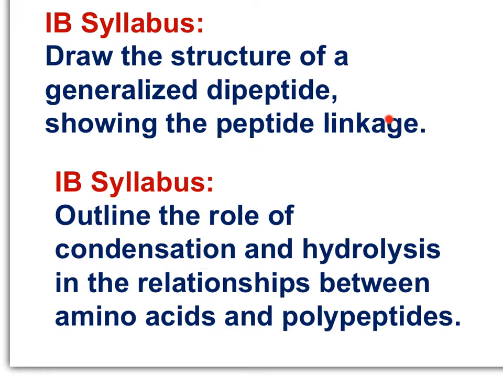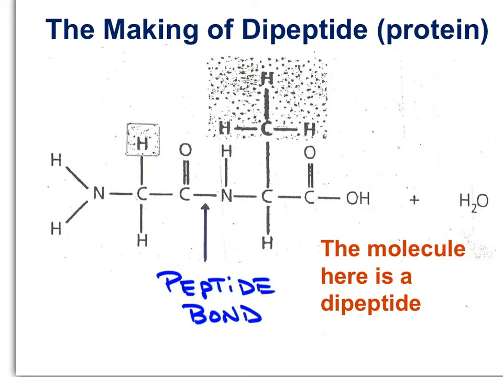The breakdown of a peptide bond will be a hydrolysis reaction. In this diagram, notice how two amino acids have been joined by condensation synthesis. The bond, known as a peptide bond, is right here. The R group of the first amino acid is here, the R group of the second amino acid is here, and the entire molecule is known as a dipeptide.